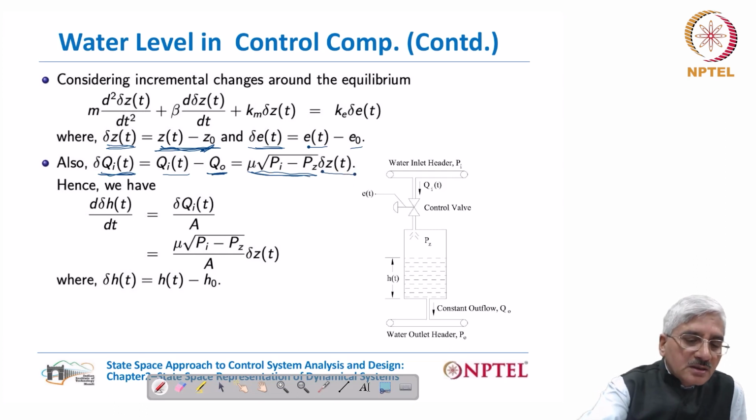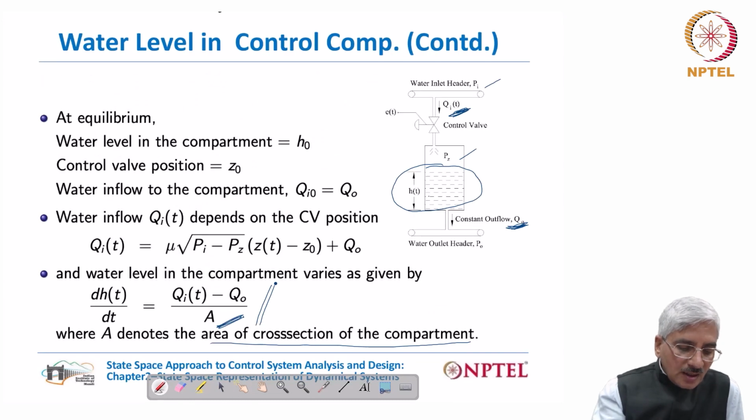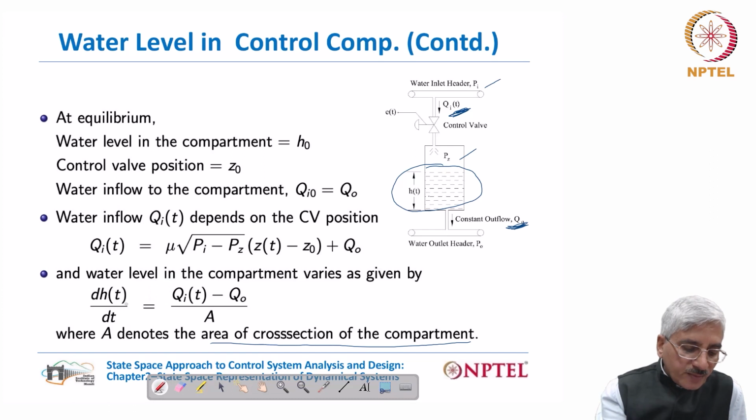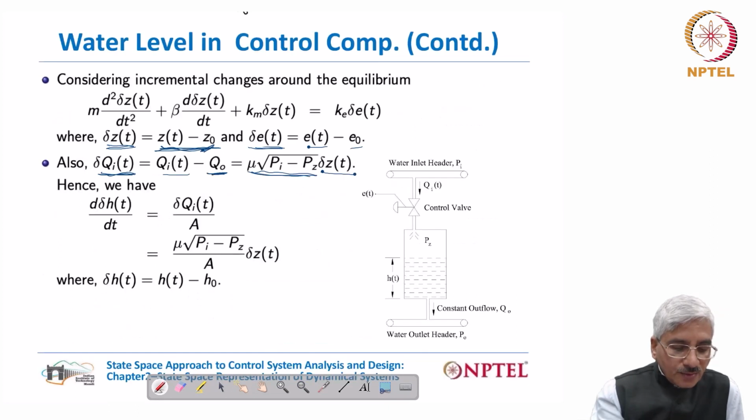So with this knowledge, for dH(t) by dt, if we substitute H0 plus delta H in place of H(t), and Q0 plus delta Qi in place of Qi, then we are going to get this expression: d delta H(t) by dt equal to delta Qi(t) by A, and this delta Qi(t) we have expressed here by this.